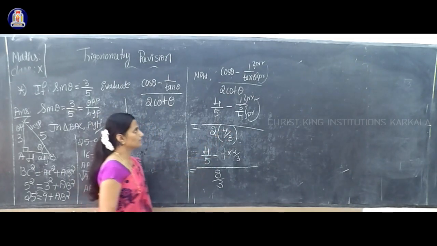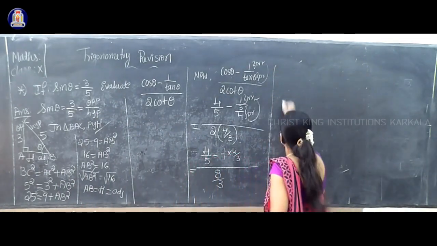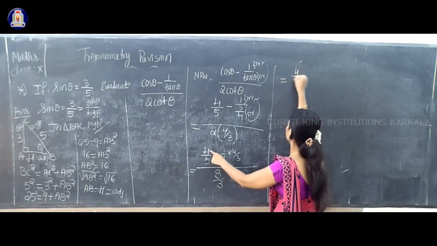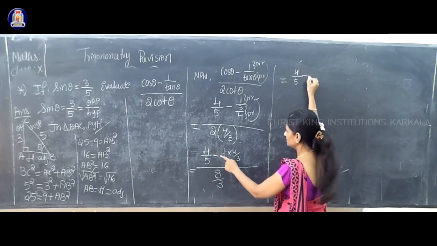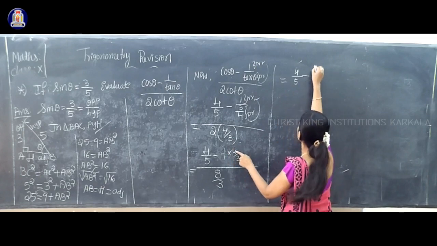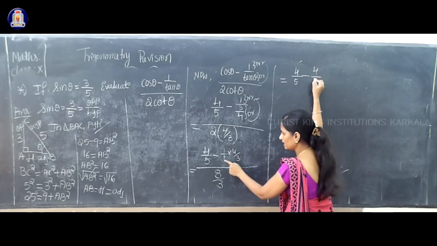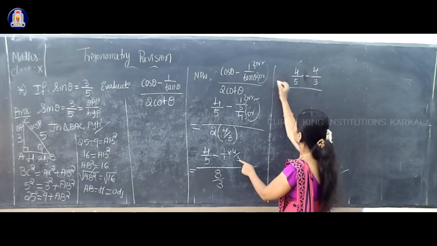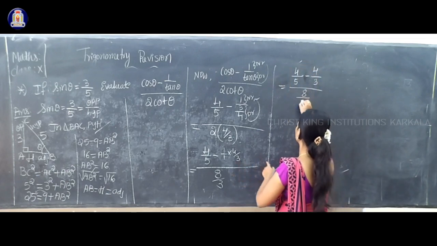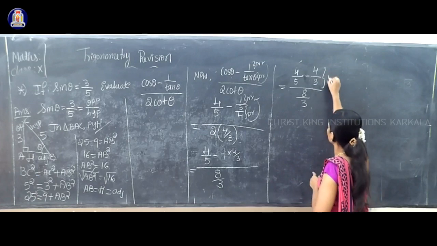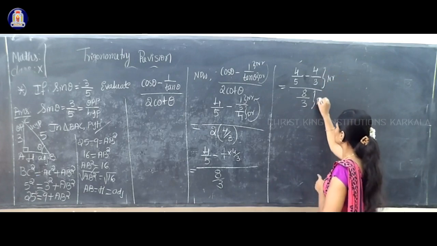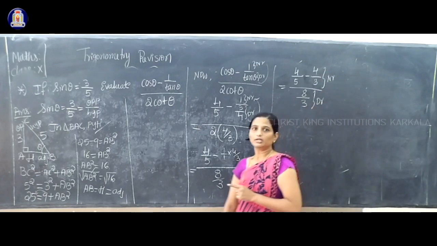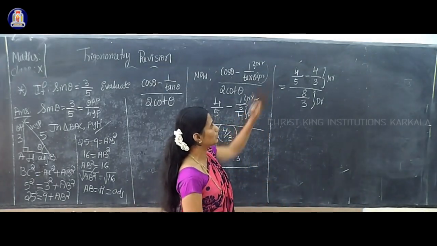Now next, how to simplify that? That is equal to 4 divided by 5 minus, multiplication, 1 into 4 is 4 divided by 1 into 3 is 3, whole divided by 8 divided by 3. Now this is your numerator part and this is your denominator part. Now tell me how to simplify that numerator.